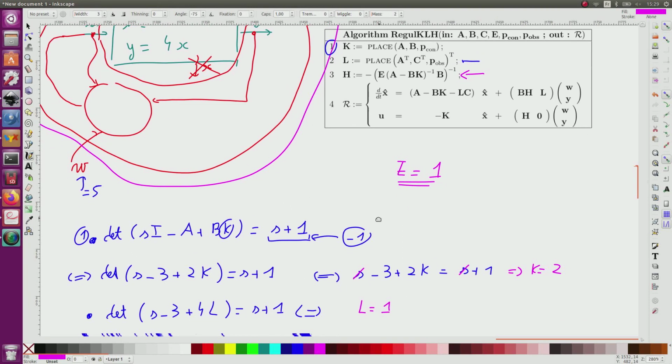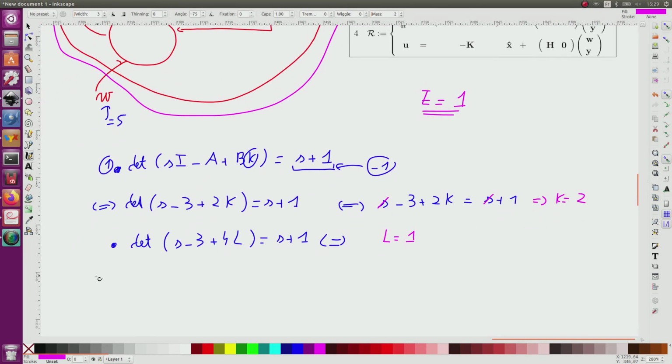This is why second step, H equal, so I will apply the formula, minus E times (A minus BK) inverse times B, inverse. So here it corresponds to minus 1 inverse.